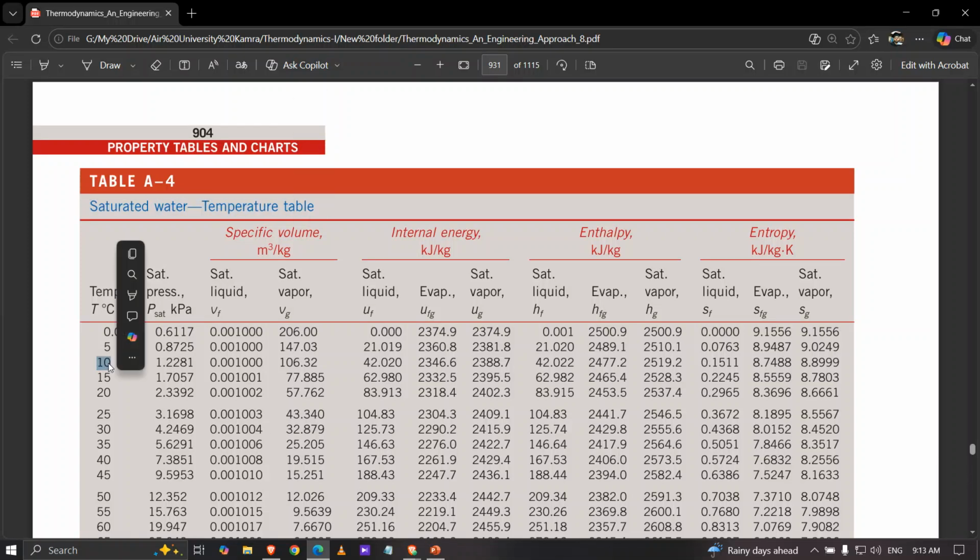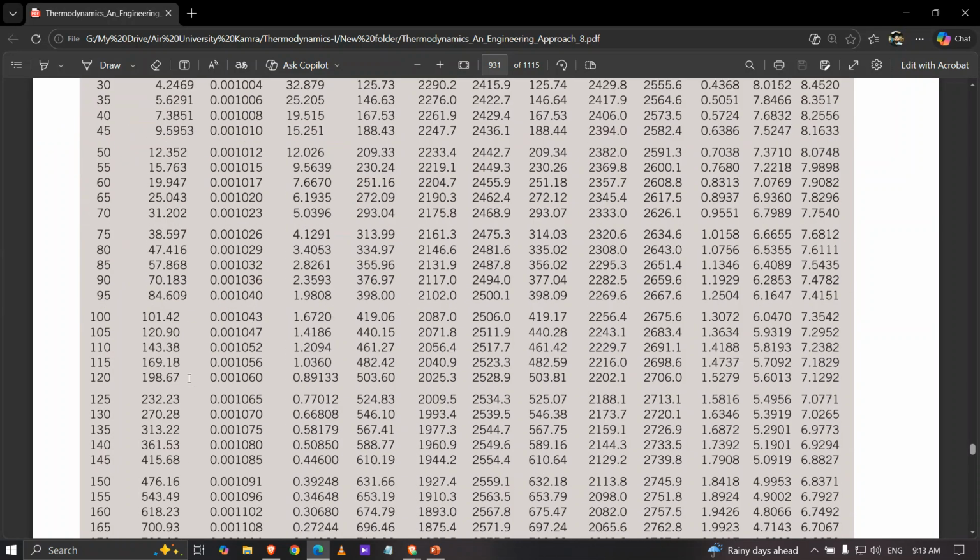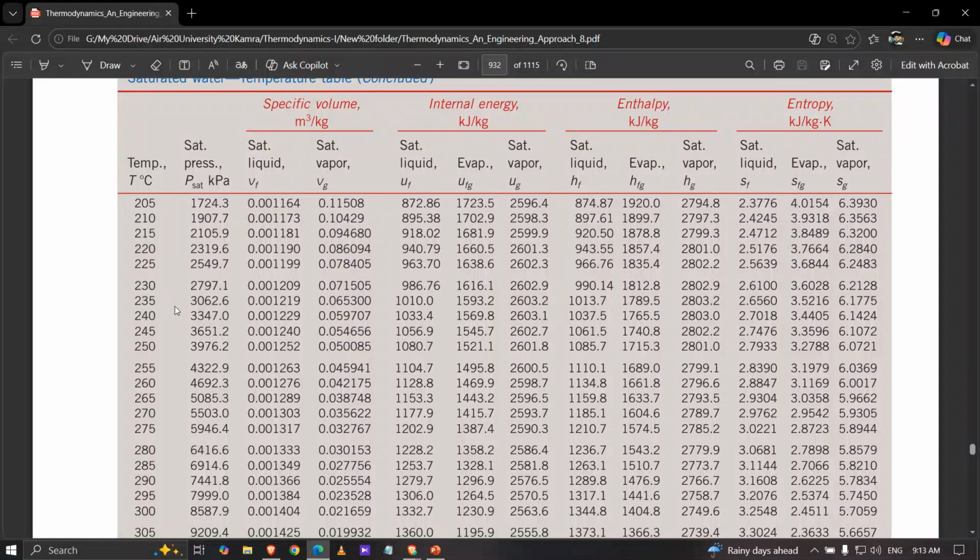For every saturation temperature, we have a fixed saturation pressure. It is not that for water at 10 degrees centigrade there are multiple saturation pressures, right? Same goes for the pressure table as well. For a given pressure, you have a unique saturation temperature.